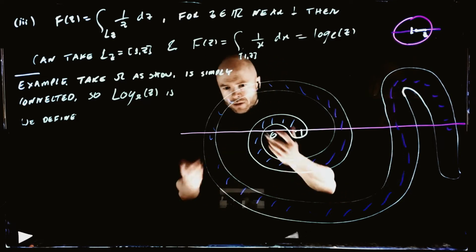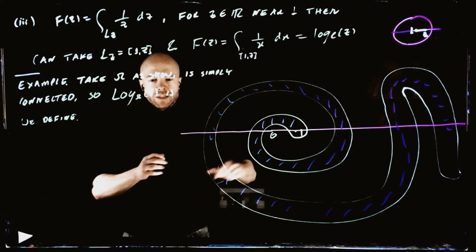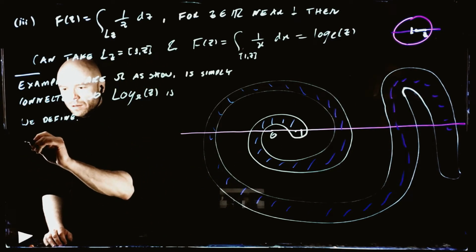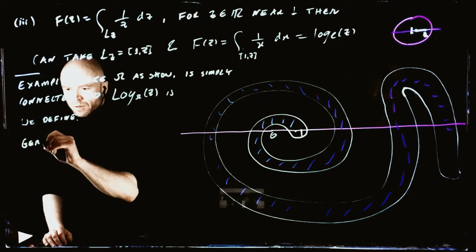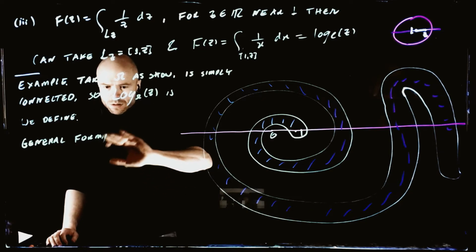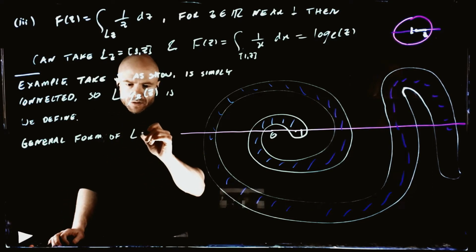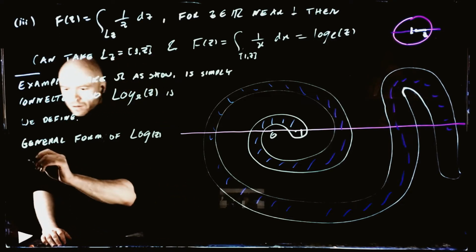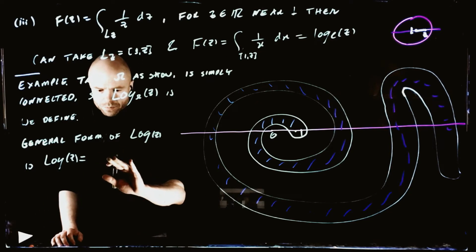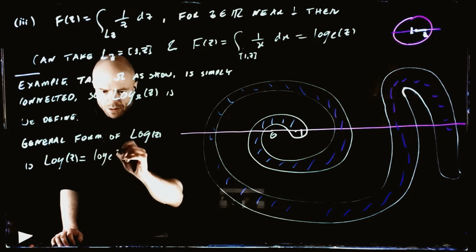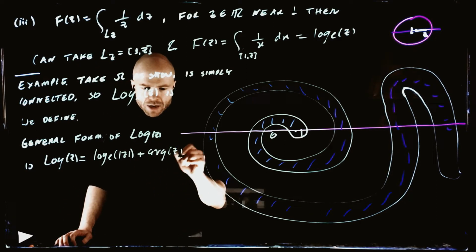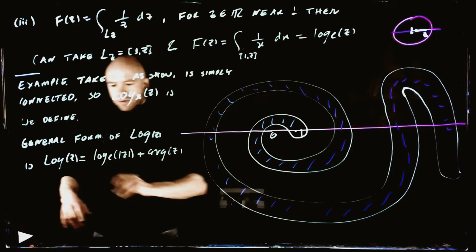Well, if we just do this thing that we did before, when we just figure out what complex log has to be, so the most general form of log of z is: log of z is equal to log to the base e of mod z, plus i times arg z, where arg is this multi-valued function, right?